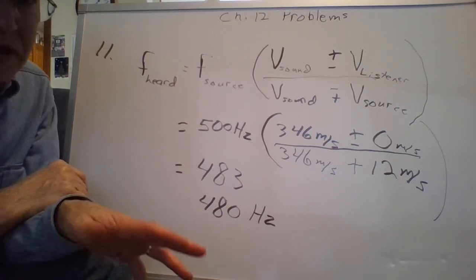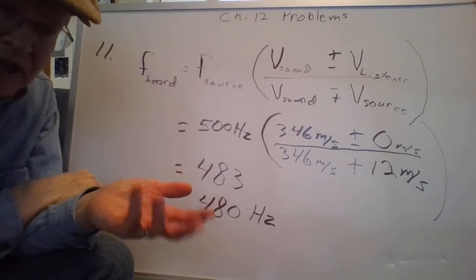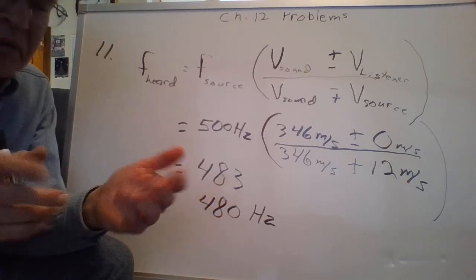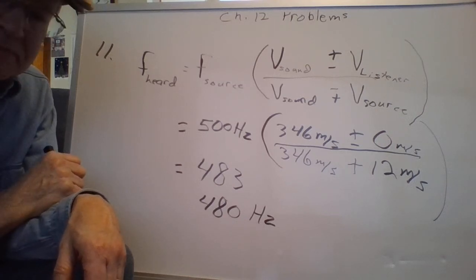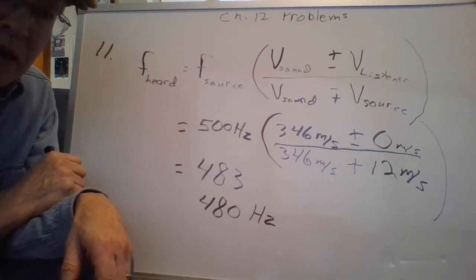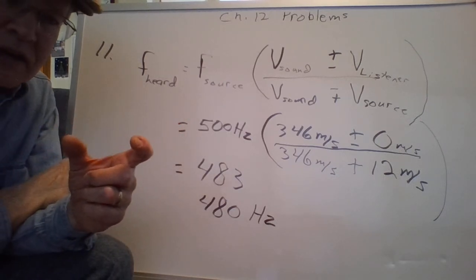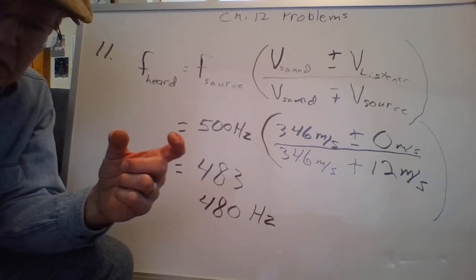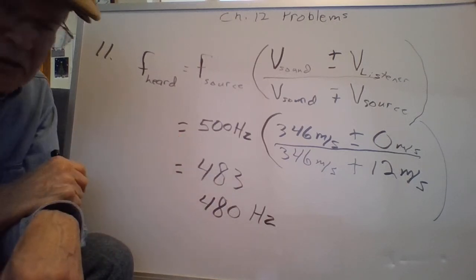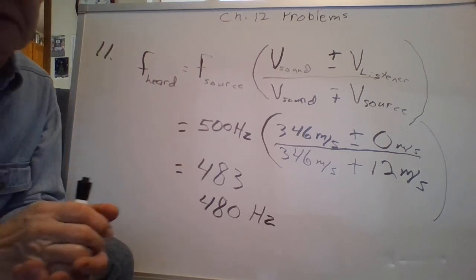You can get apps, by the way, that measure frequency and produce exact frequencies if you want to play around with that idea on your phone. Have somebody run past with a known frequency generator. You could measure their frequency as they run past you, do the calculation, and figure out how fast they were going. Kind of interesting stuff.